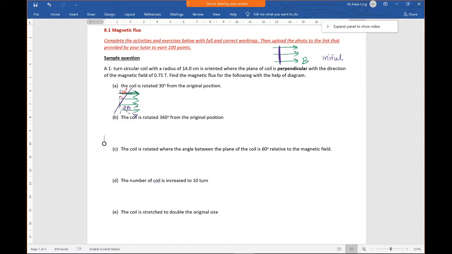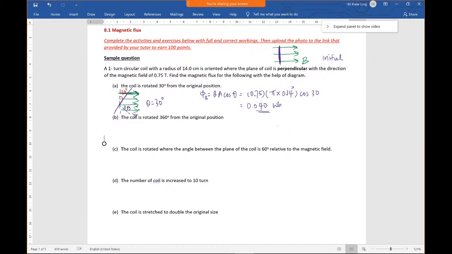In this case, your theta is equal to 30 degrees also. So magnetic flux is BA cos theta, B is 0.75, area is pi r squared, r is given by 14 centimeters, so it's 0.14 meter. Cos theta, which is cos 30, so 0.040 Weber. So if you get this question, your answer is 40.